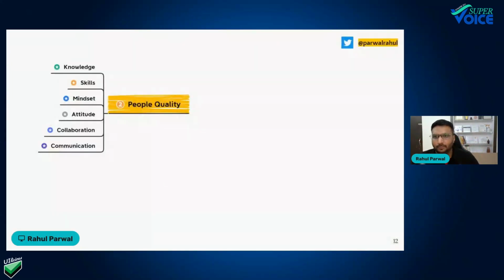Part two is people quality, which talks about the knowledge, skills, mindset, attitude, collaboration, and communication. Software is essentially built by people, and for enhancing the people quality, there are certain things that we have been doing, and I want to focus on them.